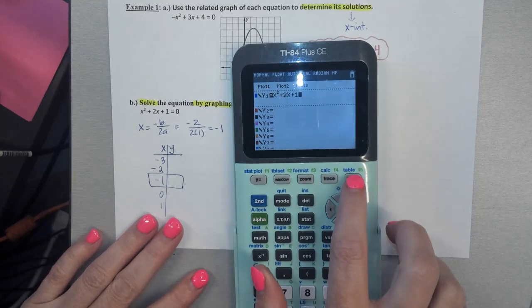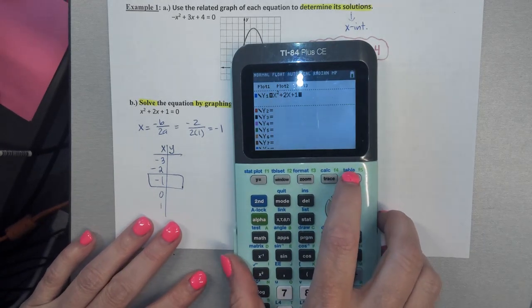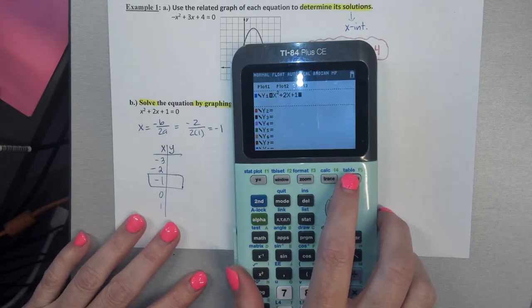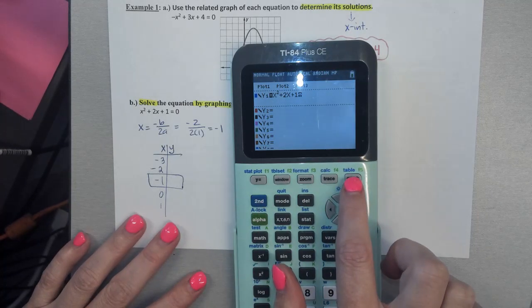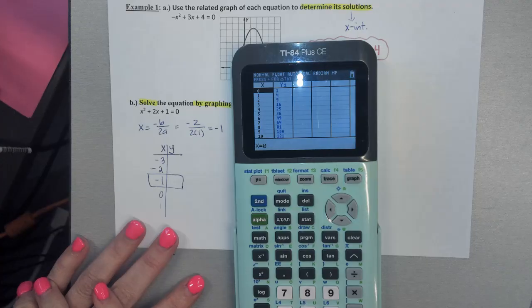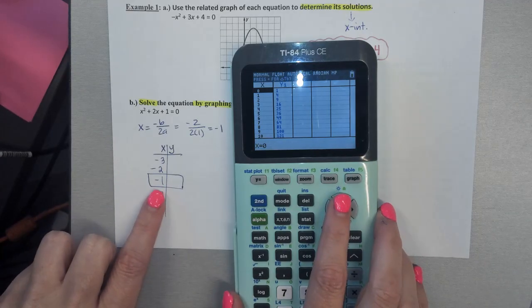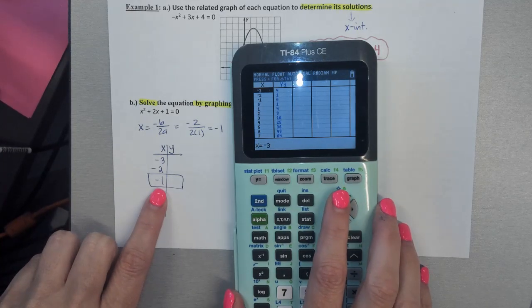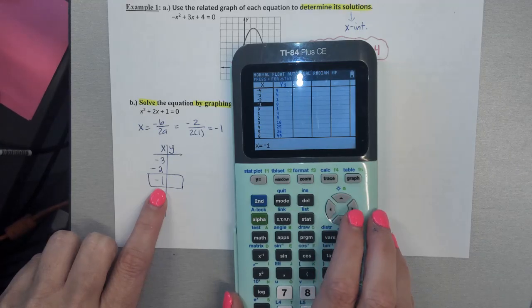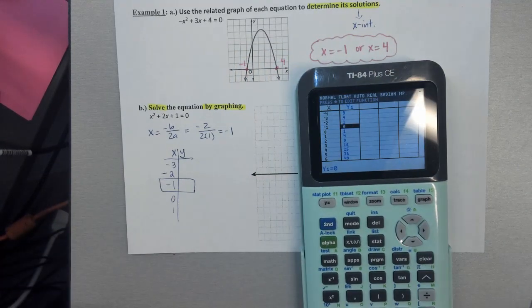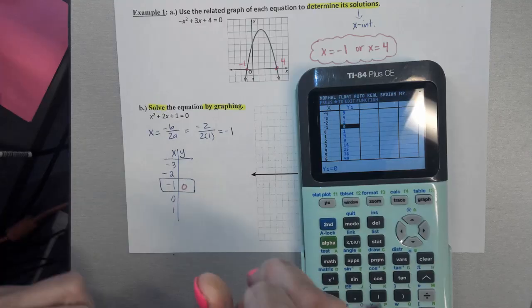Now, hopefully we notice above the graph it says table. If you go to second and then hit the graph button, it's going to give you your table. We've already found the center. So we can see at -1, it's going to be 0.